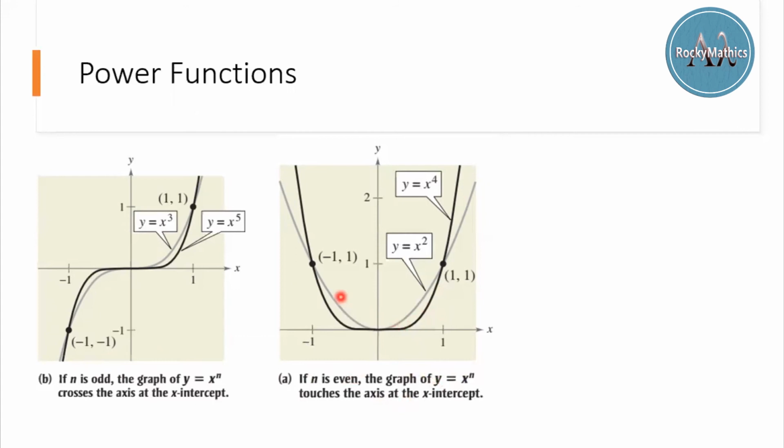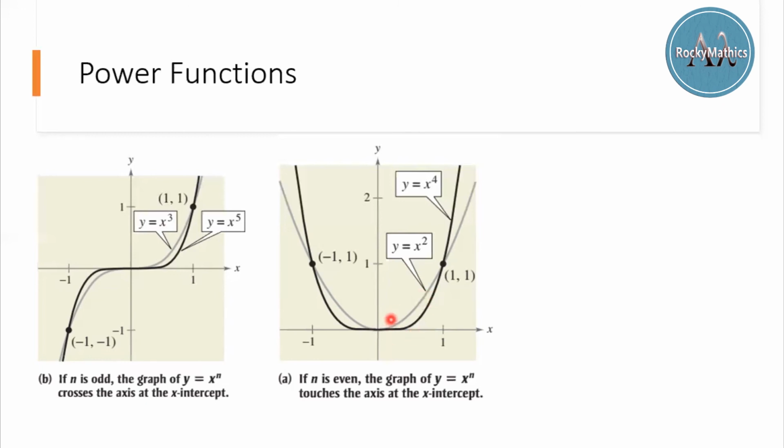Now later, you will understand more when we have an example which is not only of the form x raised to n. There is a constant, or another term, that is added to the power functions.